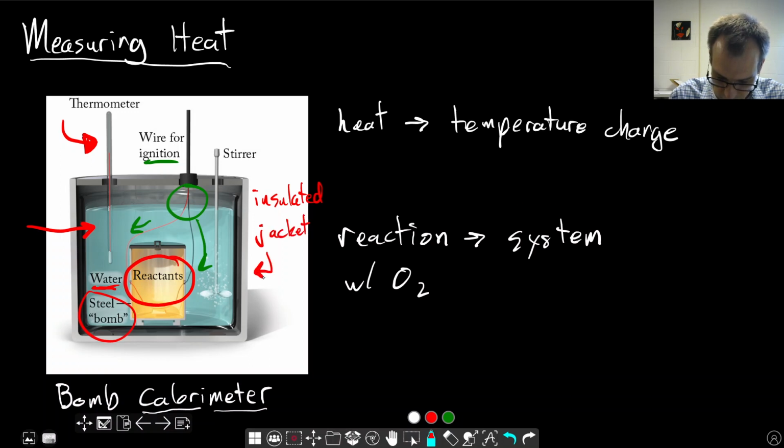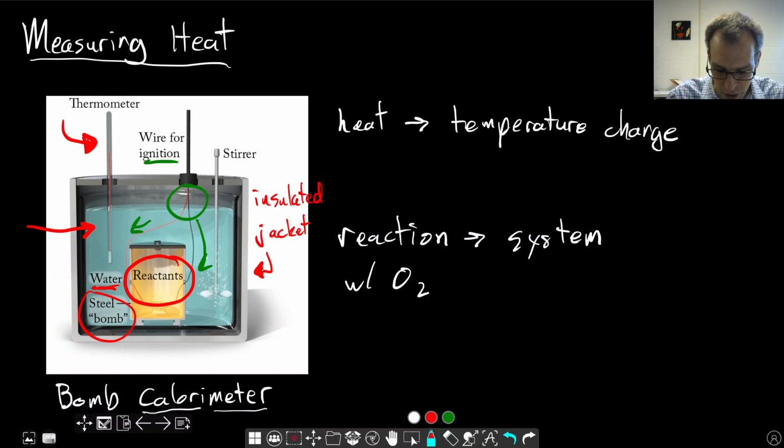So this is our effort to make this as isolated as possible from everything outside. Because what we want to happen is we start the reaction, usually a combustion reaction, the reactants react and produce the products. And in the process, they generate heat. Now, if it's an exothermic reaction, or you could do this with an endothermic reaction, where they will absorb heat from the water around it.